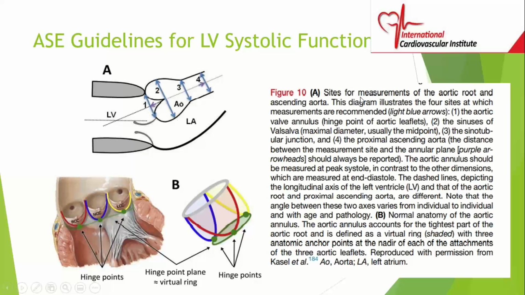Now, again, the sites for measurement of the aortic root and the ascending aorta. This diagram illustrates 4 sites at which measurements are recommended. The aortic valve annulus. When we talk about the aortic valve annulus, if you were to open the aorta, you're going to see the cusps. So this is the right coronary cusp, the non-coronary cusp, and the left coronary cusp.